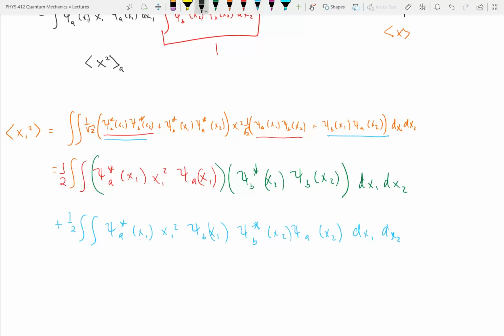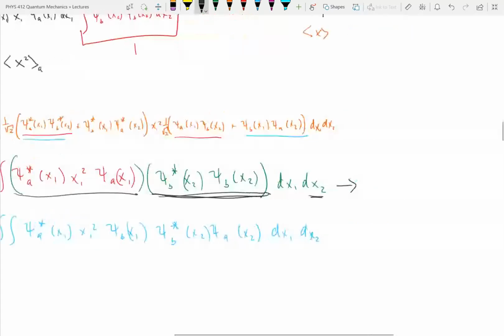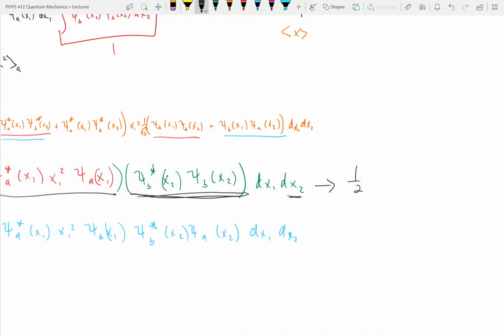what are you going to get? Okay, for the top one, this here integrated over x2 is normalization, right? And this here integrated over x1 is going to give me that.